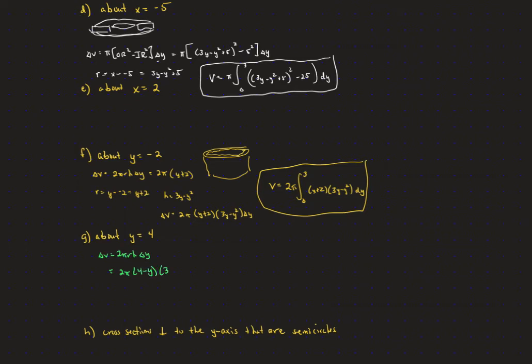Our height is again going to be the 3y minus y squared and a delta y. So our volume is going to be 2 pi, integral from 0 to 3, 4 minus y times 3y minus y squared dy.